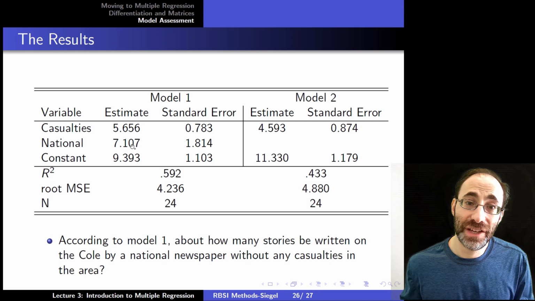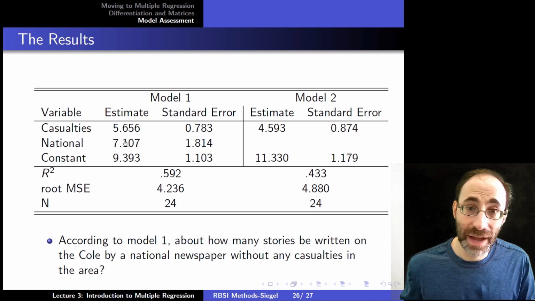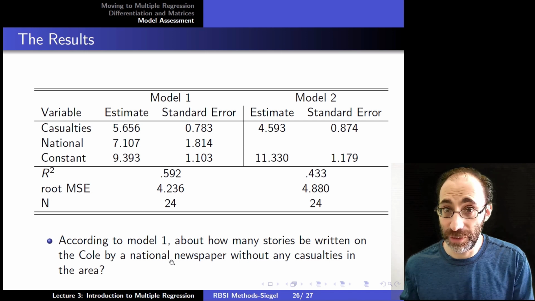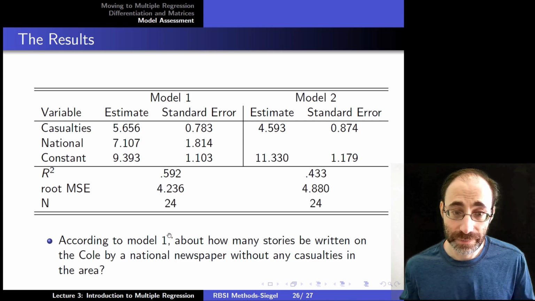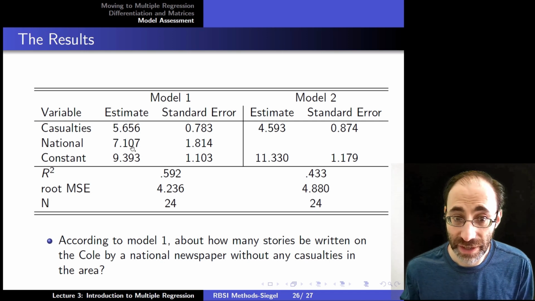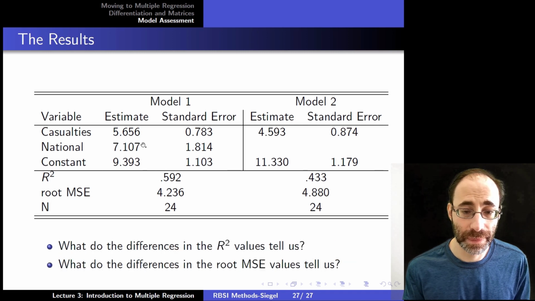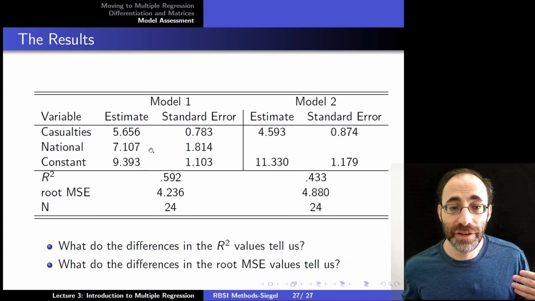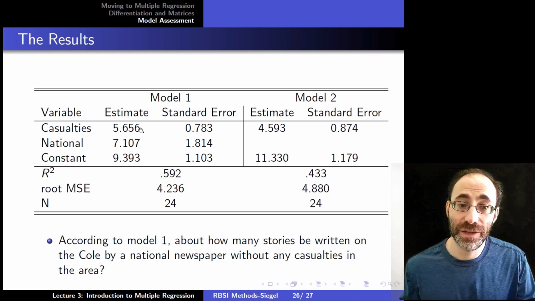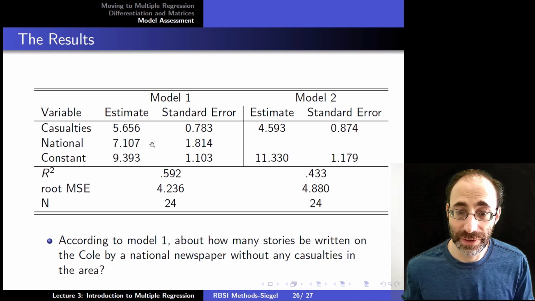Then we're going to add the coefficient on the national paper times the value on that variable. Here we're told it's a national paper, so the value is 1. So it's 9.393 plus 7.107, so about 16.5 or so. If we had 1 casualty, we would multiply 1 times 5.6 and add that to our 16.5, and so on.